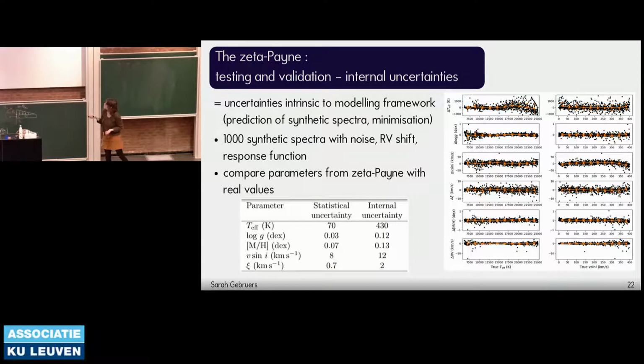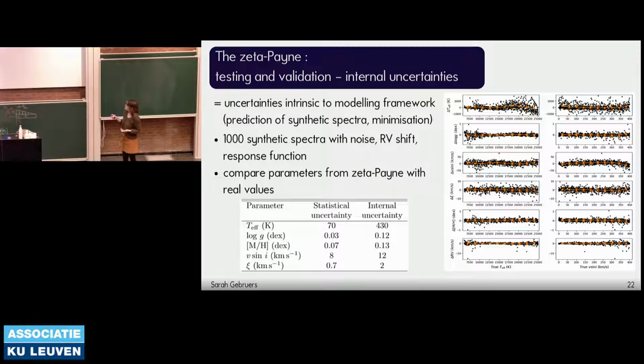Another test we did was we looked at the internal uncertainties of the spectrum, so uncertainties that are intrinsic to the modeling framework. So they have to do with the prediction of the synthetic spectra by the neural nets, how good the interpolation works, and also how the minimization algorithm is able to find the global minimum in the end.